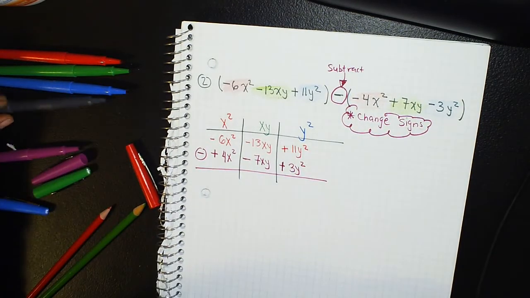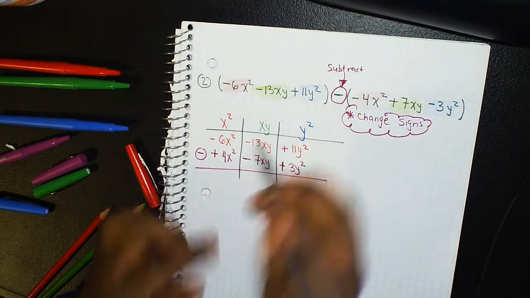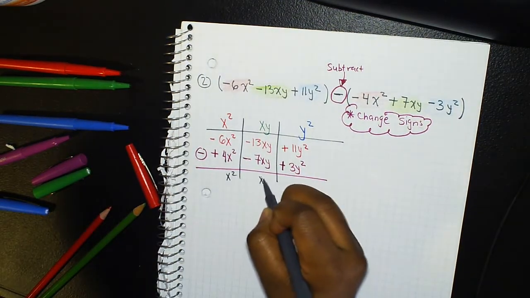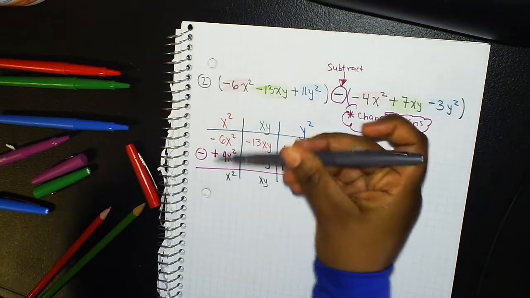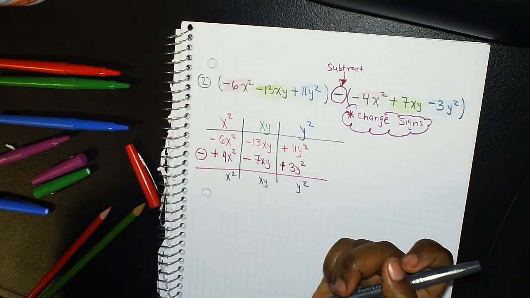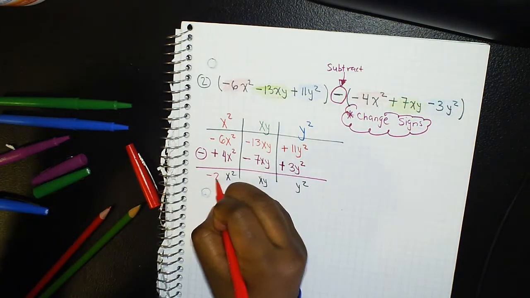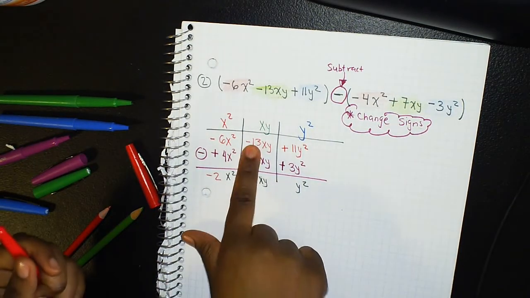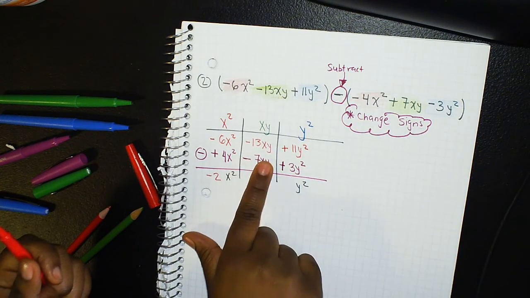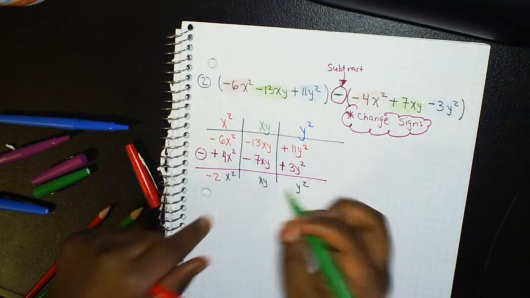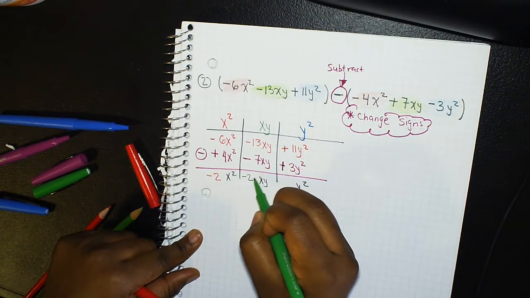Now we do our math. So negative 6, this one would be x squared, xy, y squared. So negative 6 plus 4, this would be negative 2. And then negative 13 minus 7, that is going to be negative 20.